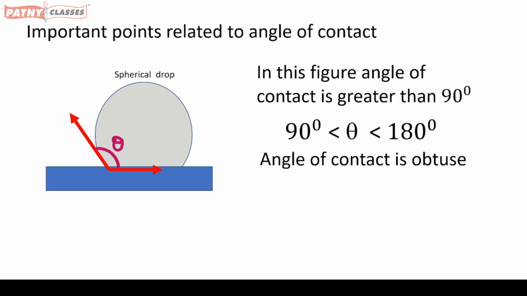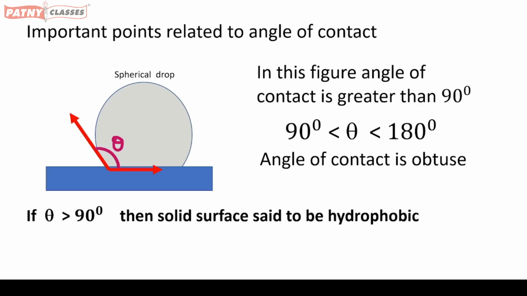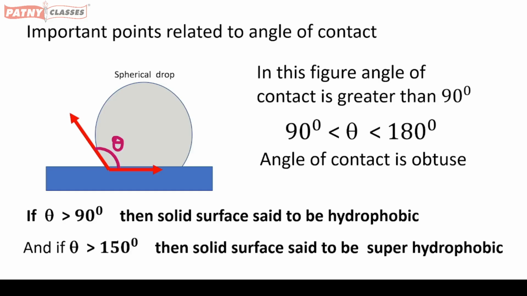If the angle of contact is greater than 90 degrees, then it is called an obtuse angle. If theta is greater than 90 degrees, then the solid surface is said to be hydrophobic. And if theta is greater than 150 degrees, then the solid surface is said to be superhydrophobic.